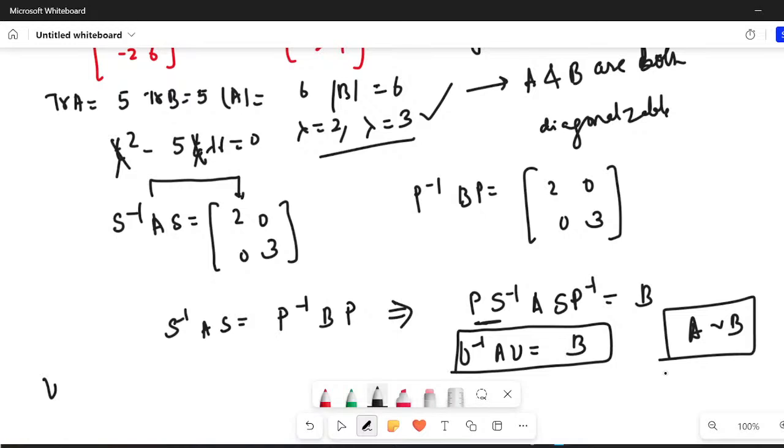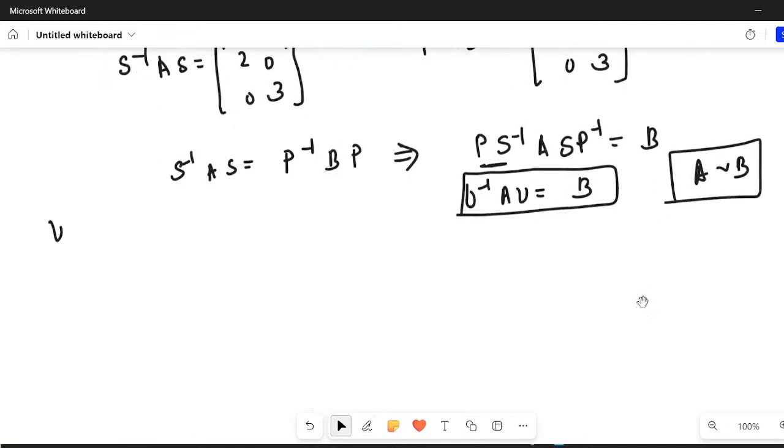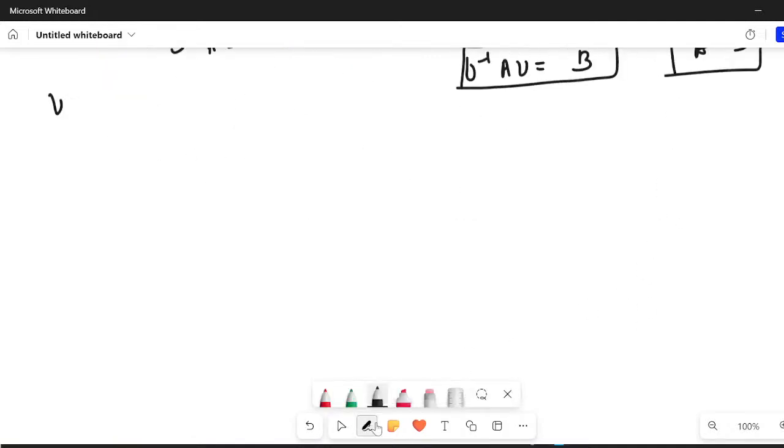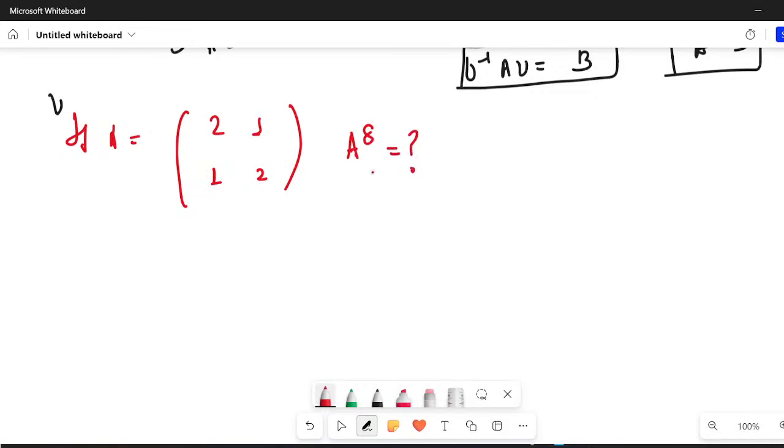Okay, so try to find me this. I think this will be an interesting question for you. Try to find me that if A is given as 2, 1, 1, 2, then what would be A raised to power 8?